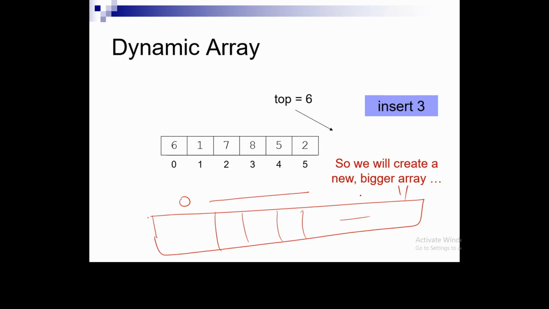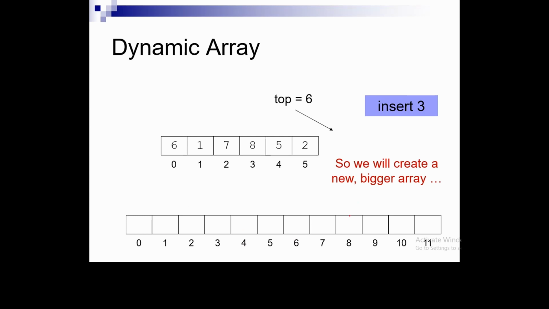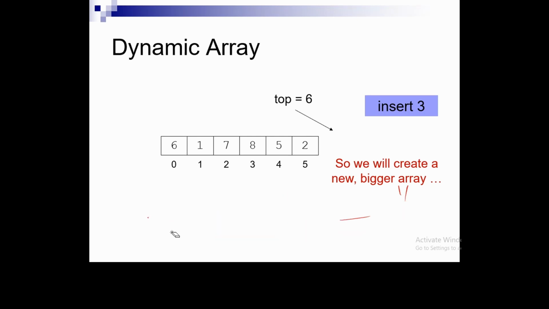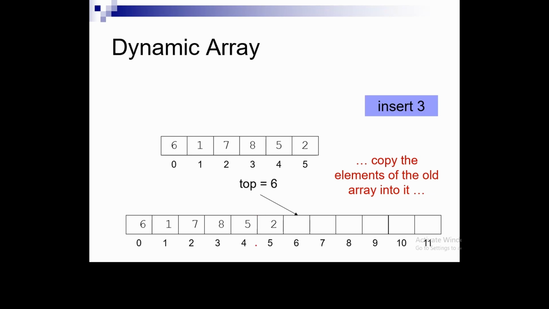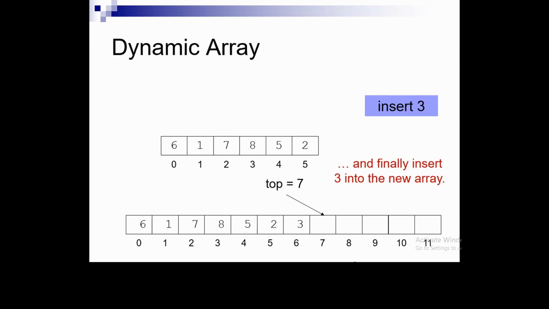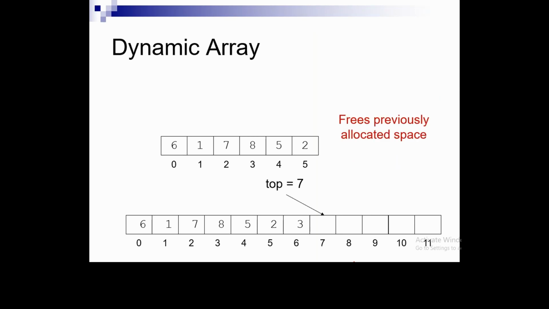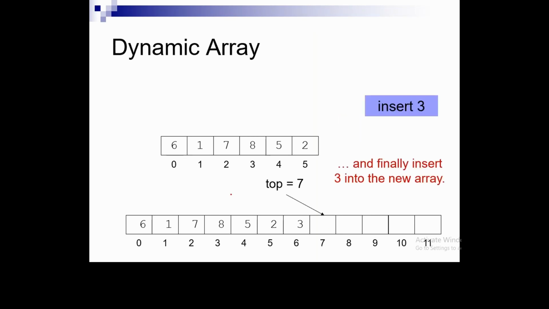So we will create a new bigger array like this and simply copy all the elements from the previous array to the new array. So copy the elements of the old array onto it. Just copy it. Now we can insert any element in this array. Like I'm inserting 3 here. And what about this previously allocated array? We can simply free the memory of that array.